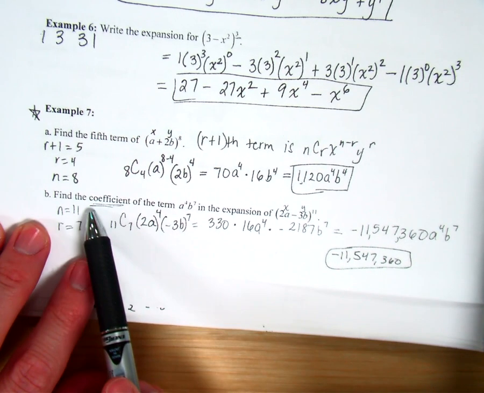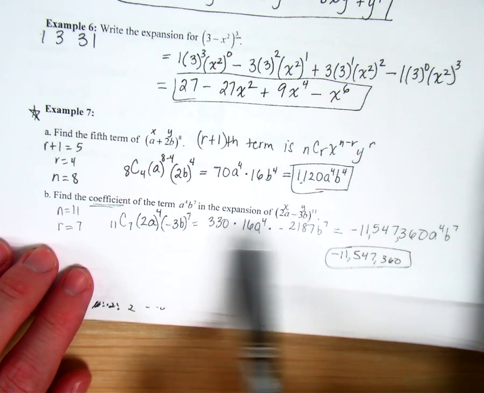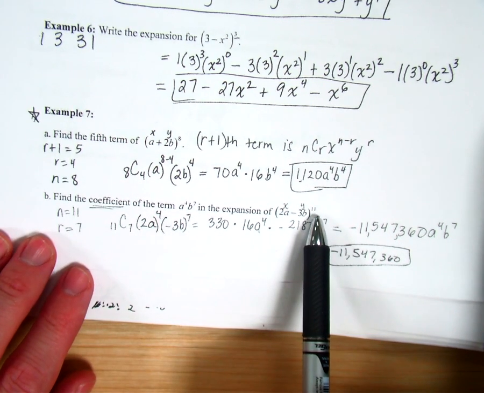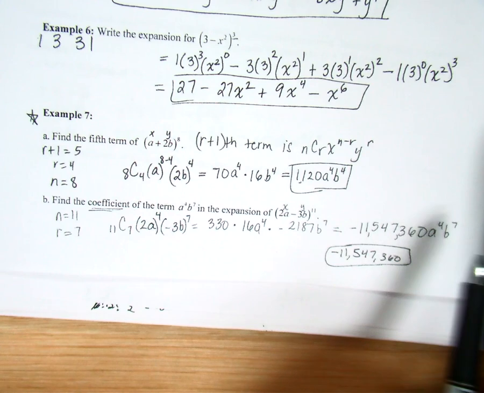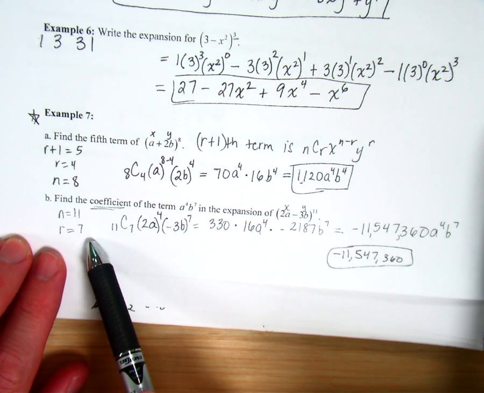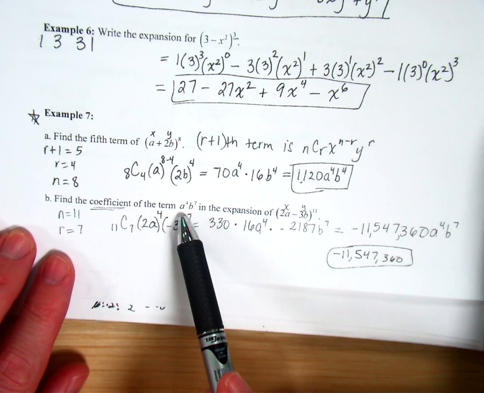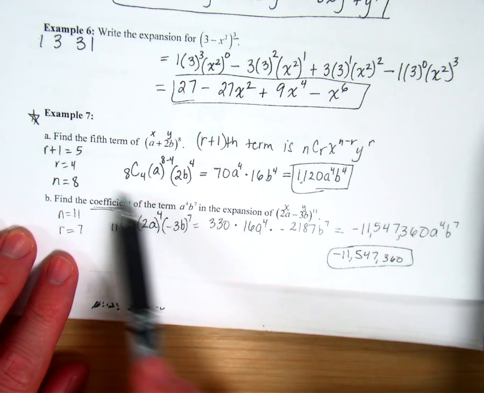We're trying to find the coefficient, just the front number, just the coefficient overall of the 11th row. So definitely want to think about doing this one with the shortcut here. So your n number is 11, your r number is going to be 7, because it's giving you that up here.